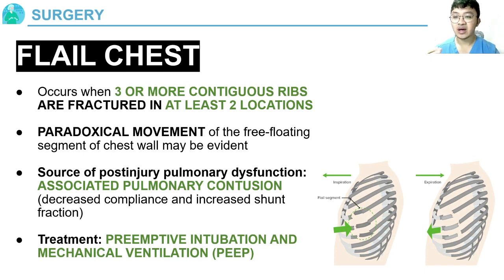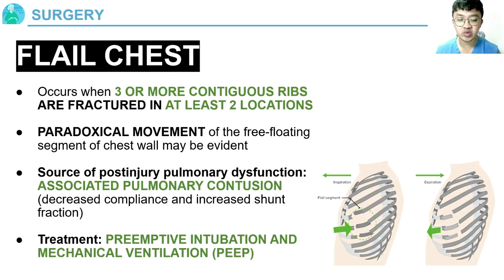Okay. A flail chest with a pulmonary contusion is not called a flail chest per se, but according to Schwartz, we just call that a flail segment. The treatment for a flail chest is preemptive intubation and mechanical ventilation. So you intubate the patient early on and you ventilate the patient using especially your PEEP, provide positive pressures to the airways.